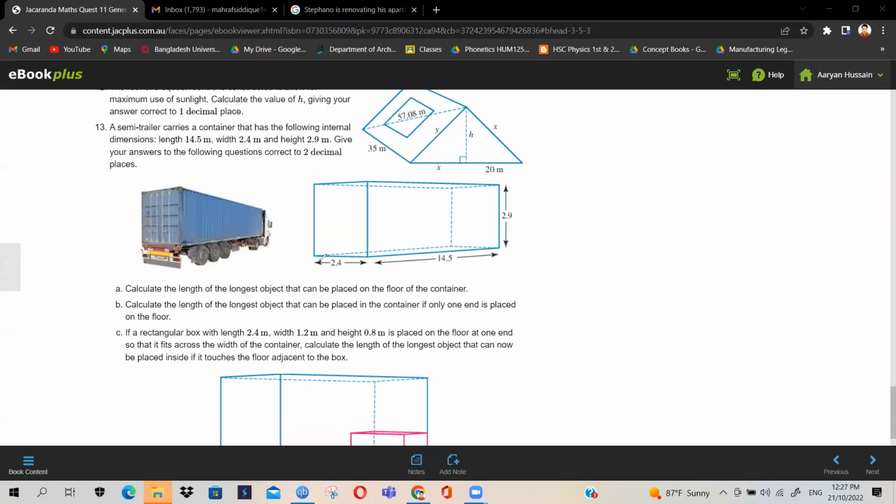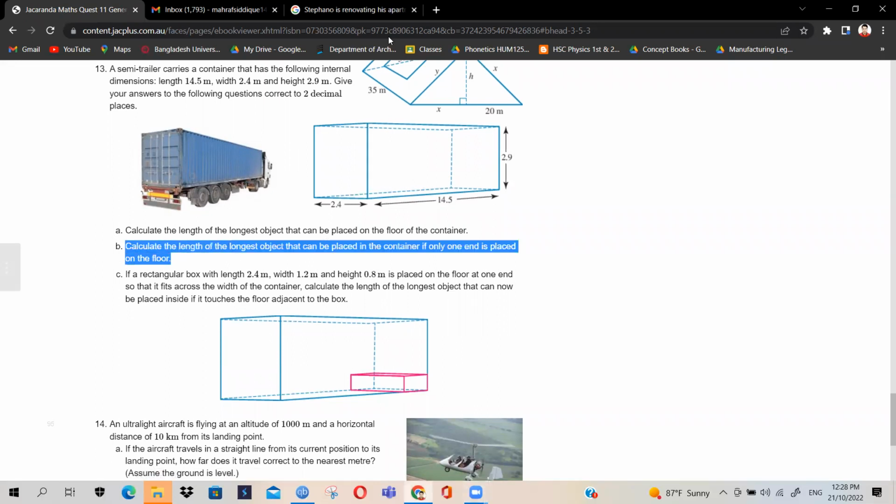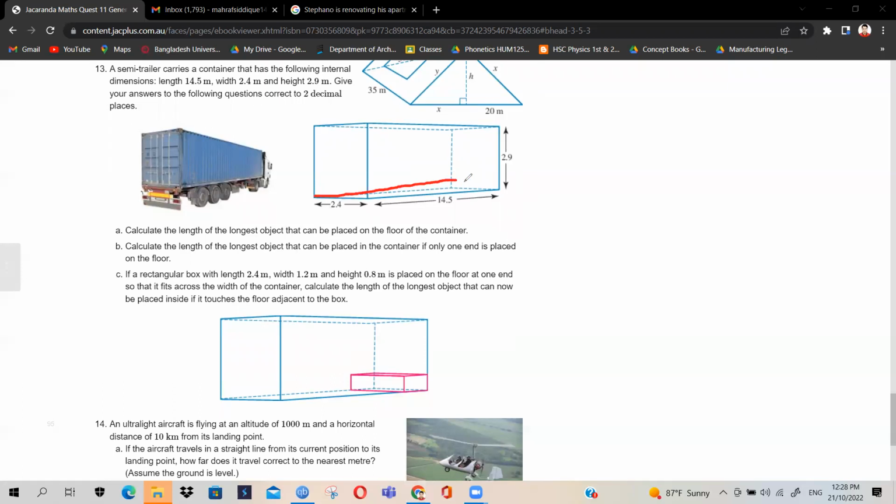So, the longest object, if I consider it placed on the floor, right? If you have to place it on the floor, it can't be. Okay, I understand. Now let us consider the dimensions of the floor for question B. What are the dimensions of the floor only? 2.4 by 14.5.